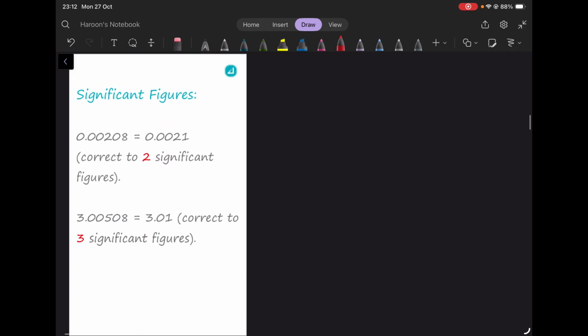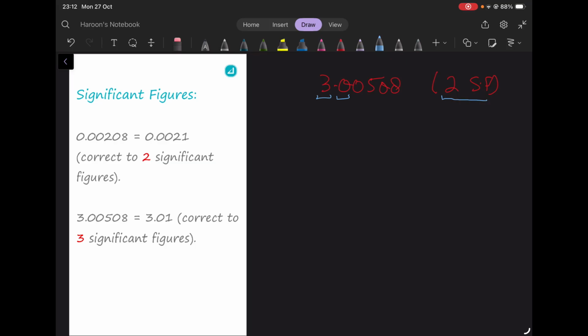I hope this made sense. Another example, 3.00508. And let's say the examiner tells us to write this correct to 2 significant figures. My first significant figure actually starts from here, and my second significant figure is this 0. So I'll have a look at the third significant figure, because I need to convert this to 2 significant figures.